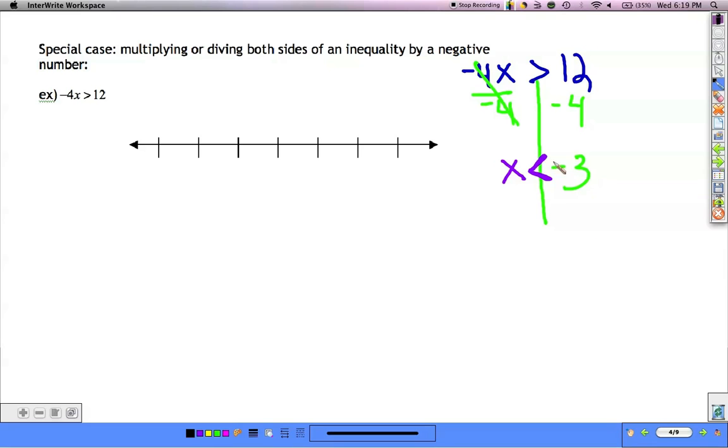Well, first, let's go ahead and graph. We have x is less than negative 3. So to graph this, I want to put negative 3 in the middle. Be very careful when you set up your negative number line, because numbers lower than negative 3 are going to start looking like negative 4, negative 5.